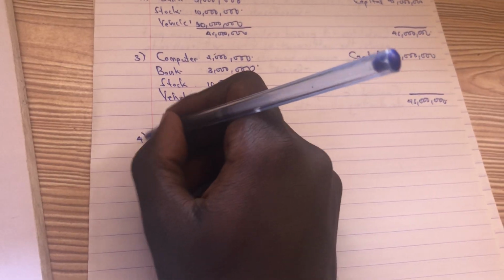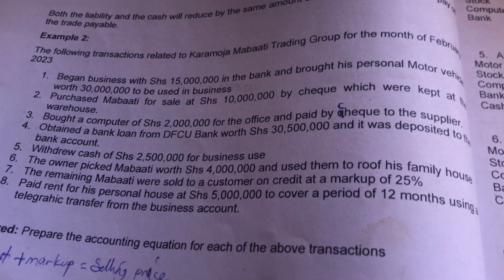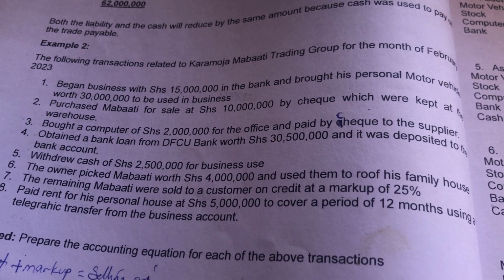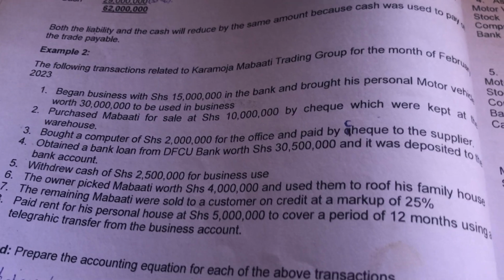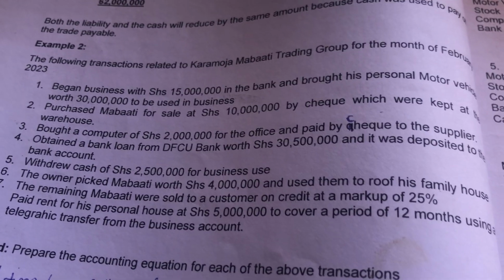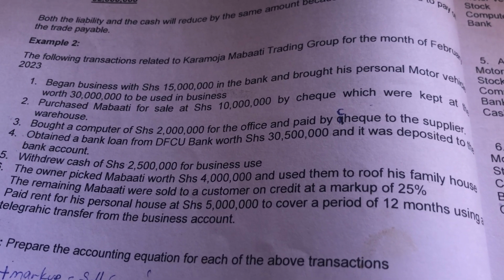Then part 4, they are telling us he obtained a bank loan from DFCU Bank worth 30,500,000 and it was deposited to the bank account. So when he obtains a loan, that means our bank will increase because this money is an asset to us. But again, it's a bank loan. So a bank loan is actually a liability.